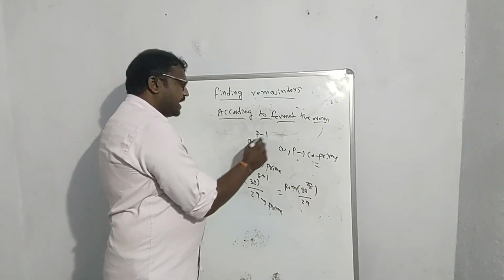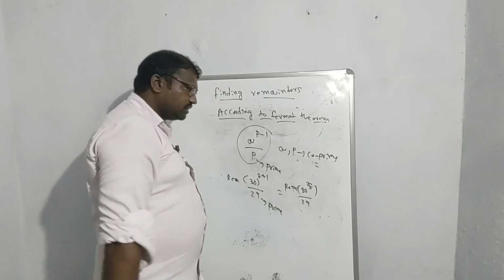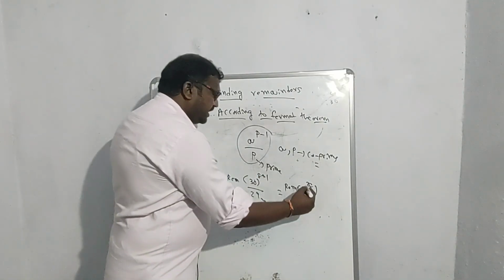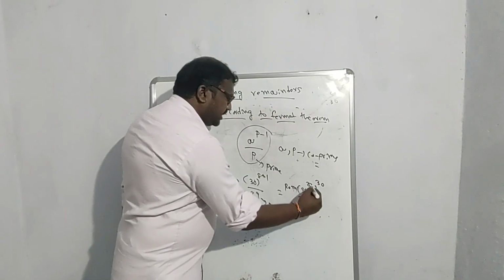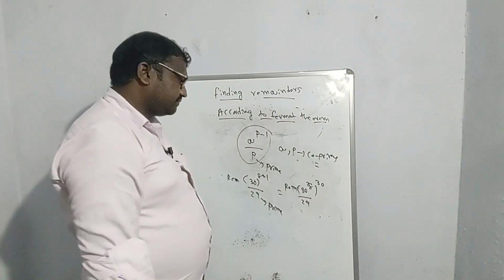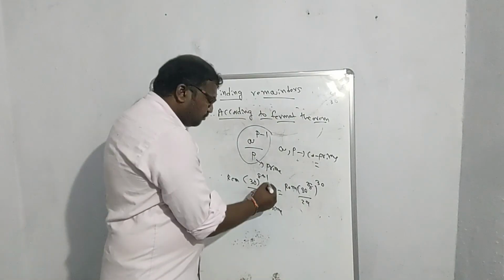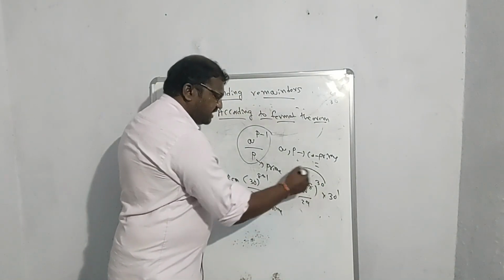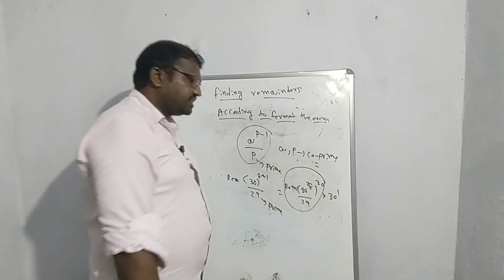It is in the form of a power p minus 1 by p. So how many times do we multiply 28 to get 840? 28 into 30 is 840. Here one is left, so it splits into 30 power 1. What is the value of this term?